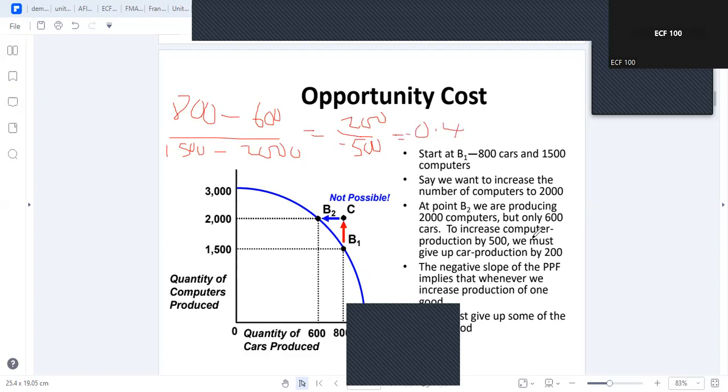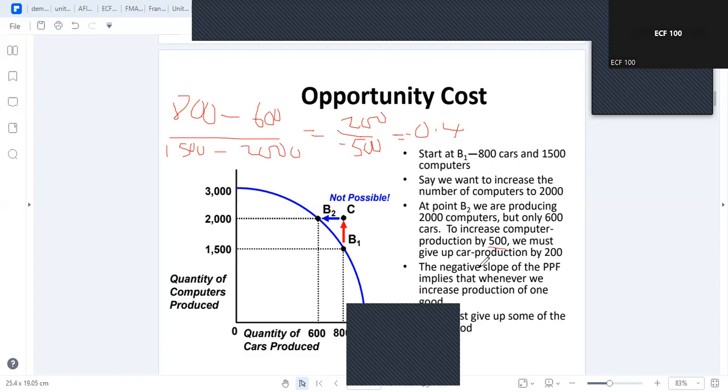So if we want to increase the number of computers to 2,000, at point B to B2, we are going to be producing 2,000 computers, but only 600 cars. So we are going to increase production of computers by 500.